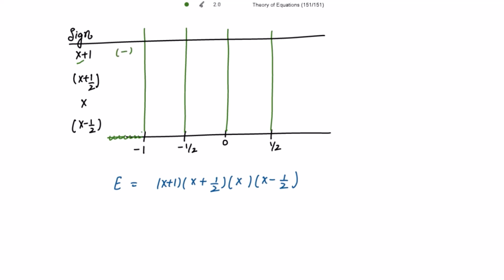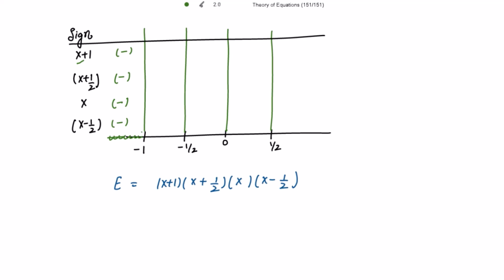And x plus 1 half for this factor, what sign am I getting? Again negative. X itself will be negative. And for the factor x minus 1 half, it is also negative. So we are getting the sign of all these factors to be negative for the values of x which are strictly less than negative 1.